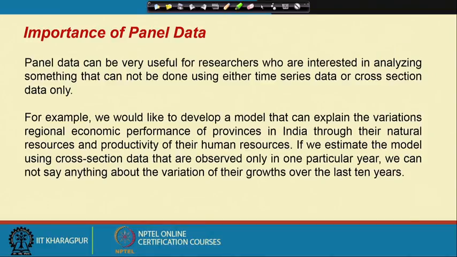For example, we may like to develop a model that can explain the variations of regional economic performance in India with respect to their natural resources and the productivity of their human resources.